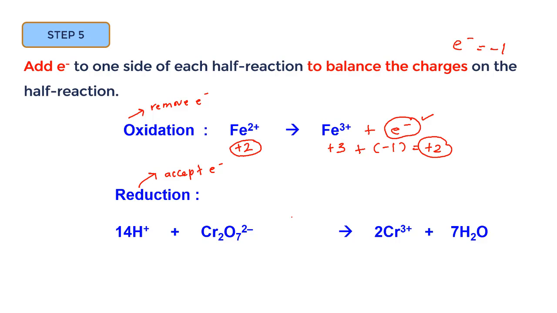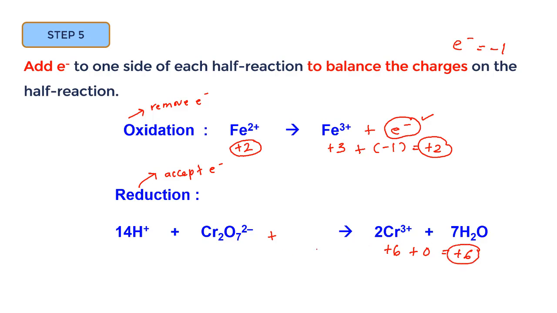So before we add electron at the left side, we need to check the total charges at the right side. So 2 times positive 3 equals to positive 6. 7 mole of water, overall charges is 0. You can see there is no charge here. So total, the overall charges of water molecules is equals to 0. So positive 6 plus 0 equals to positive 6.